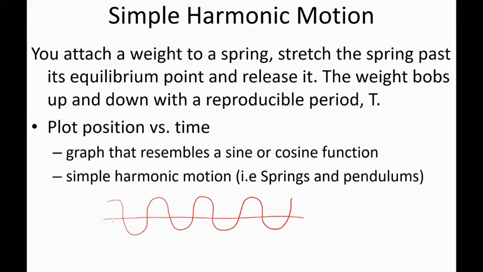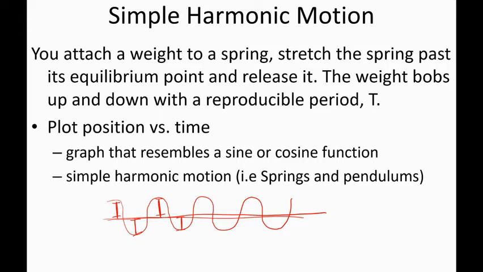And this is going to be very consistent. Your maximum displacement here is equal to your maximum displacement there, and so on. That's going to be considered the amplitude of your simple harmonic motion.